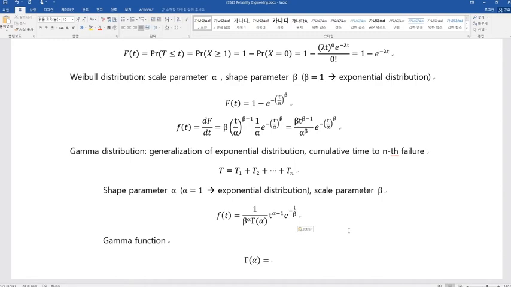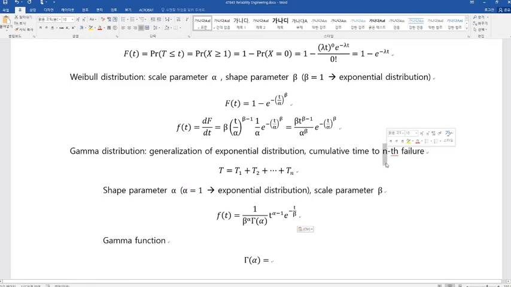So more specifically, if we go back to here, we said that it is the nth failure, but this is the place for alpha.